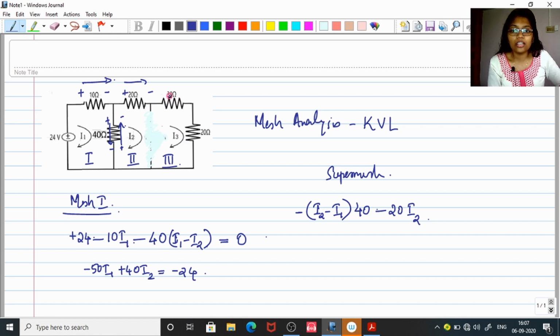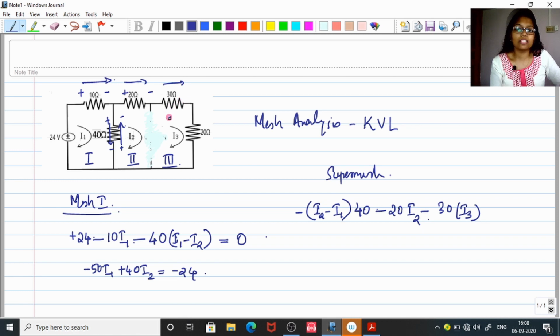Just enter the 30 ohm resistor. Here also the current is flowing like this, isn't it? So it is having a negative and the resistor. Also, what about the current here? Here you have to write I3. Don't get confused that it is a series connection and we are having two different currents, because it is a manipulation.